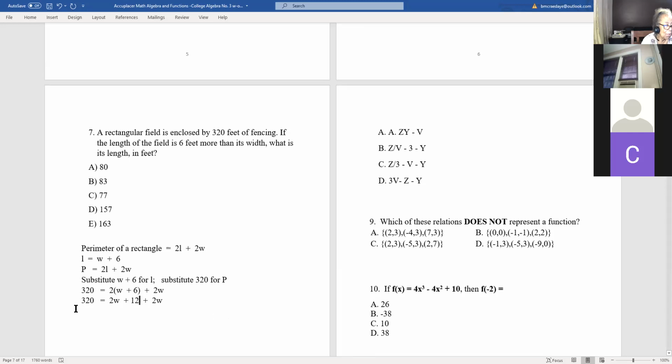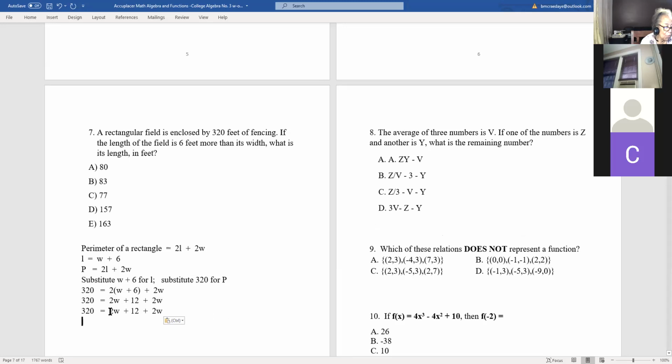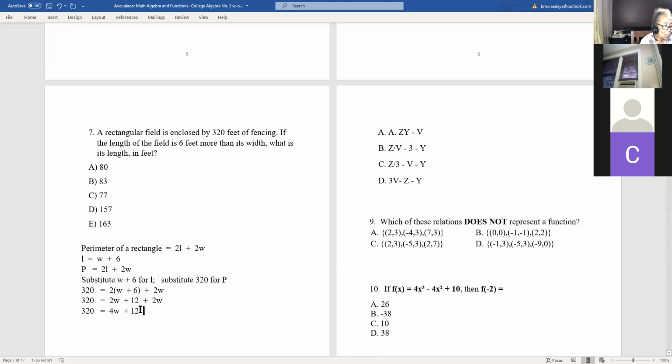Now, what's 2W plus 2W? 4W. Okay. So that would be 4W. Now that's plus 12.